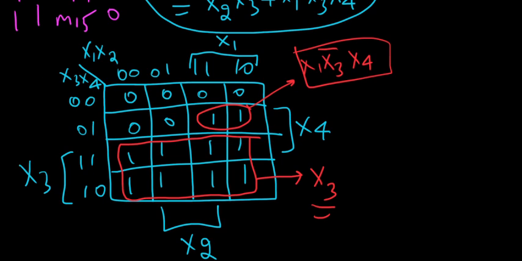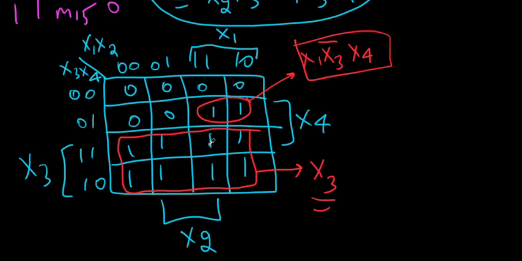But if you reuse, I'll use another color for this one. Let's use this green. If we reuse these two ones that are here with that one, the expression changes to x1, and x3 is not there anymore, because x3 is here and it's over there. x4 changes.